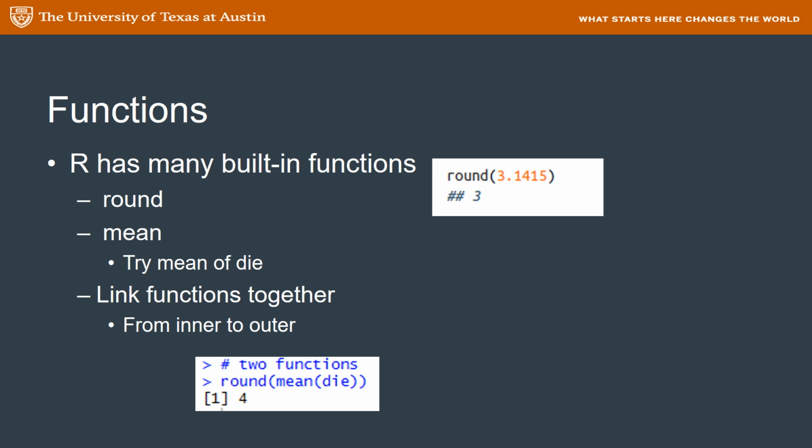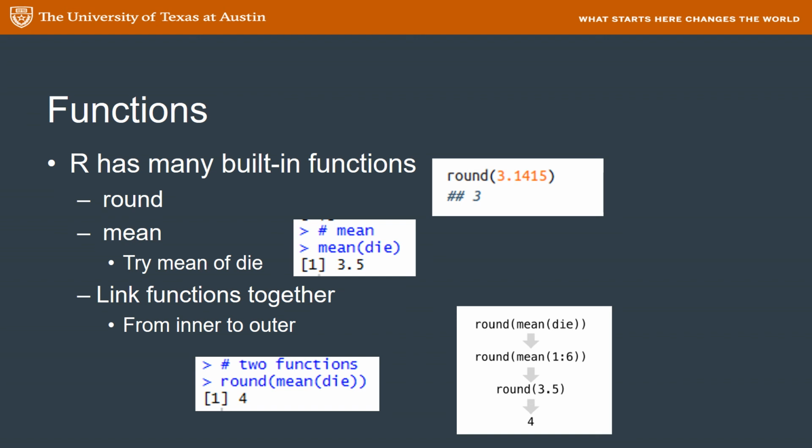You can use the functions separately, but you can also combine different functions together. Let's define a function round, parentheses, inside the parentheses mean, parentheses, inside the parentheses die, and the result is 4. Do you know how that works?